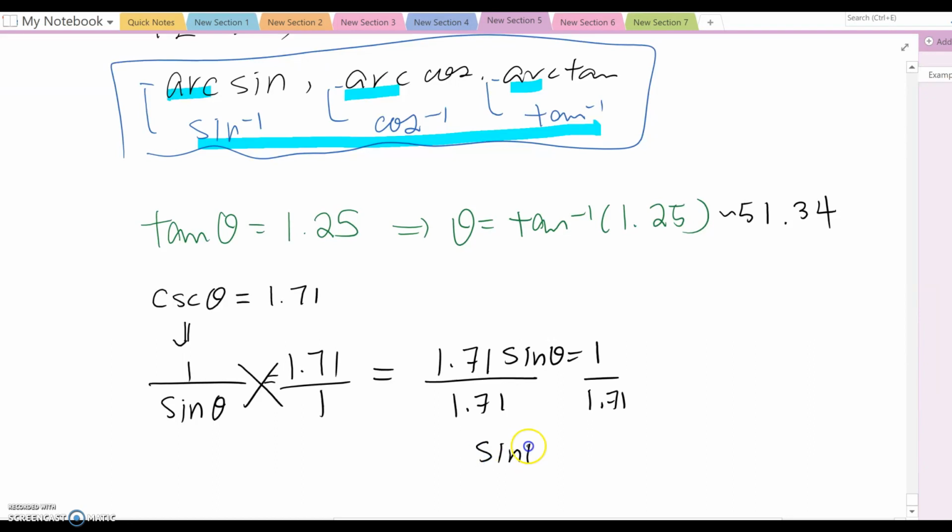Sine theta equal to 0.585, and just using inverse sine of 0.585, you will get around 35 degrees here. So theta equal to 35.8 degrees, something like that. Okay?